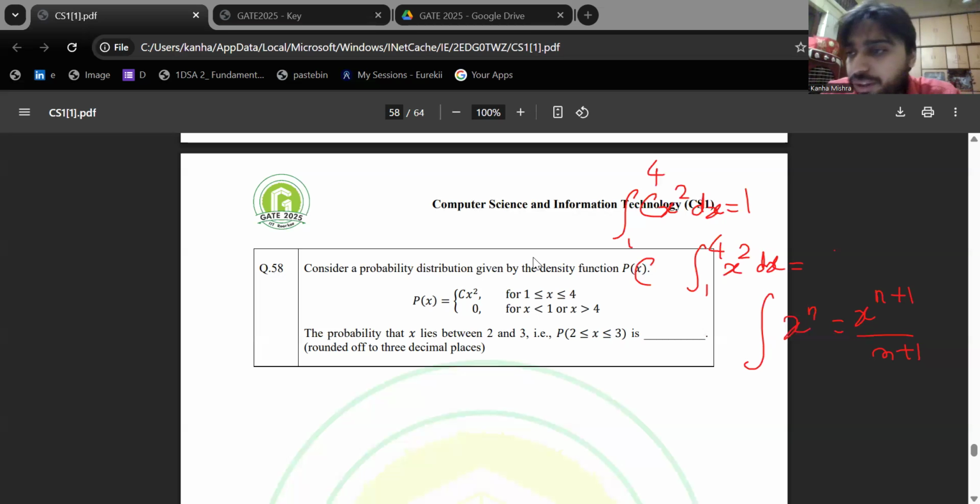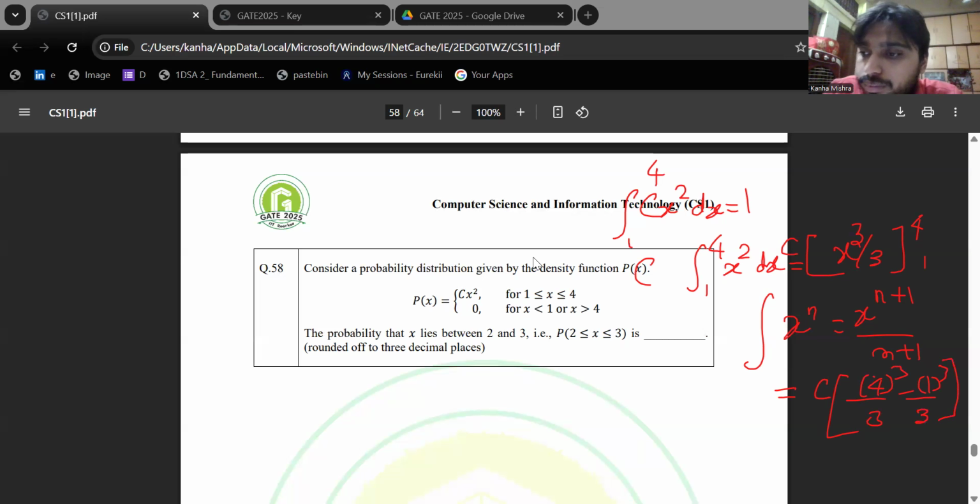So it will become x cube by 3, evaluated from 1 to 4. That is c into 4 cube by 3 minus 1 cube by 3, which is c by 3 into 63, because 4 cube is 64 and 64 minus 1 is 63, which equals 21c.